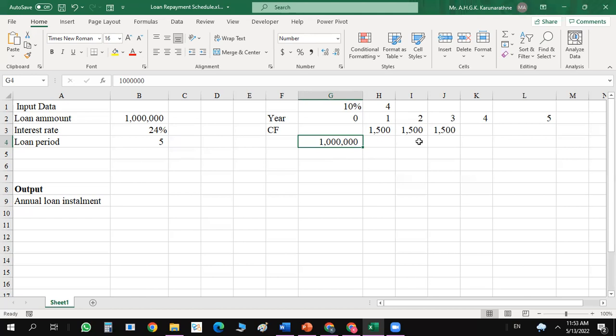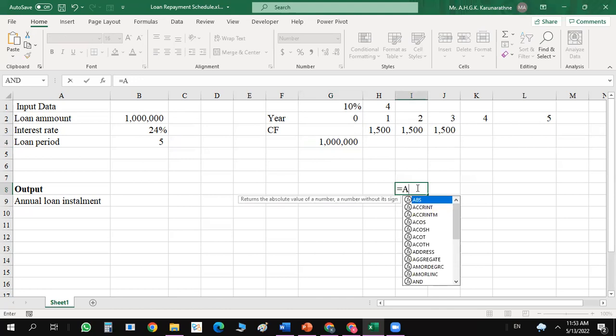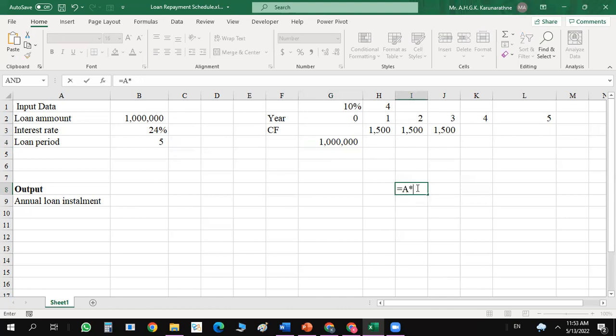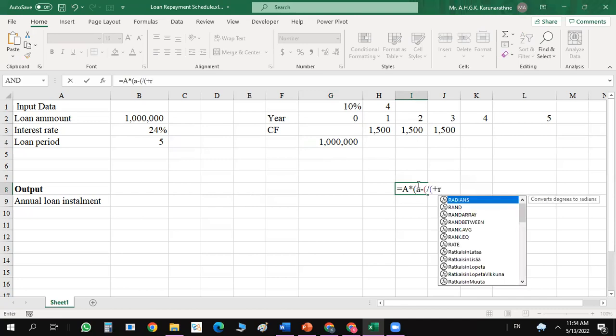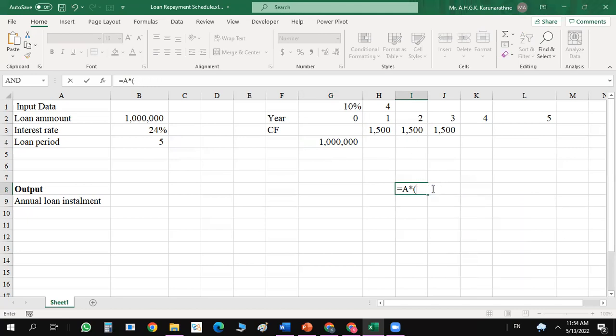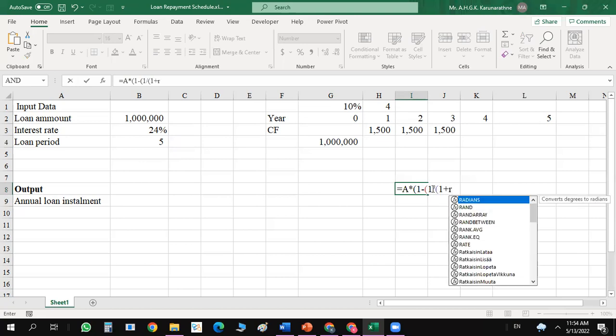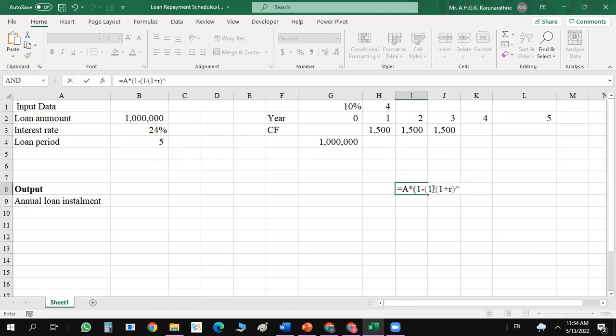Present value formula එක දාන්නවා නම්, present value equals annuity, that is the annual payment, multiplied by 1 minus 1 divided by 1 plus R to the power n.